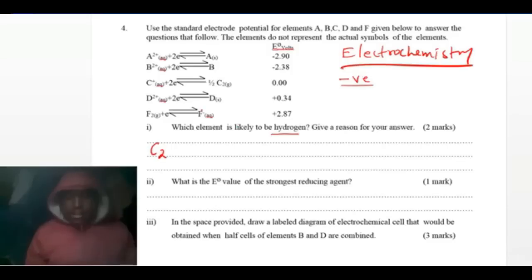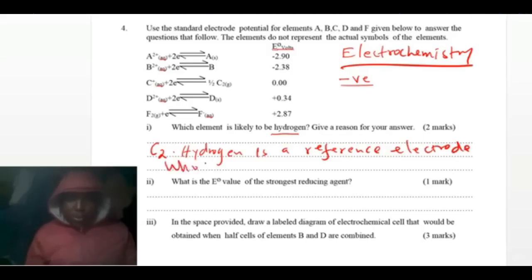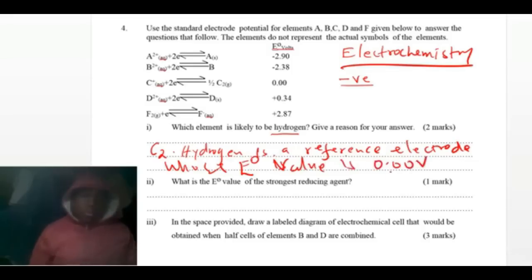The reason is that hydrogen is a reference electrode whose E standard value is 0.00 volts. So whenever you see the one which is 0.00 volts, then it tells you that one is hydrogen, and it is the standard electrode potential.